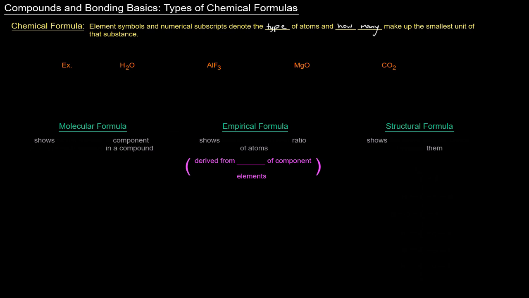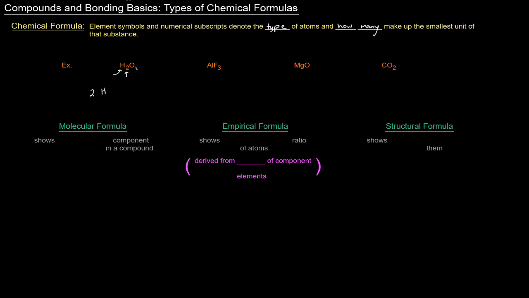For example, I've got 4 examples here. First one is H2O, which is water. A lot of people know that. Specifically, we've got the element symbol for hydrogen, which is that H, and a numerical subscript 2 that follows it, indicating that there are 2 hydrogens. In addition, we've got oxygen, represented by the elemental symbol O, and there's no subscript, which basically implies that the subscript would be 1.